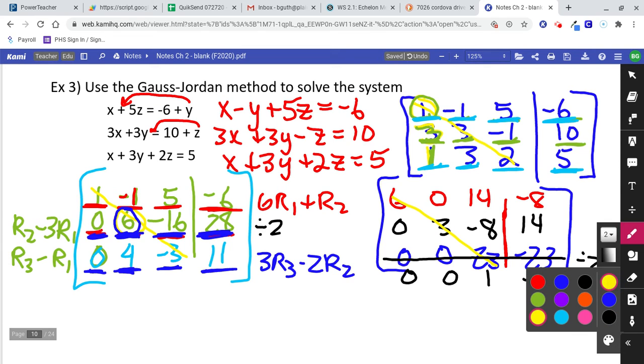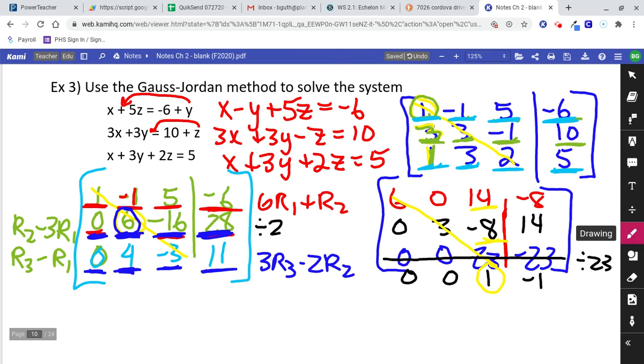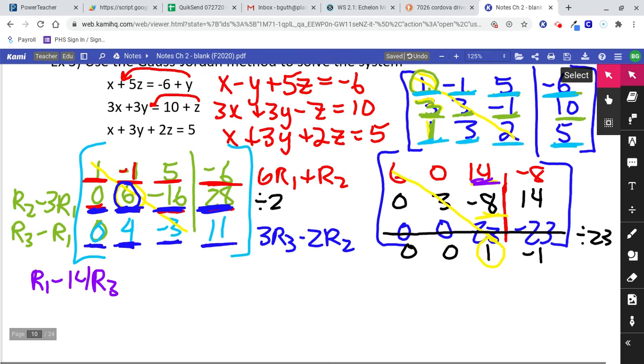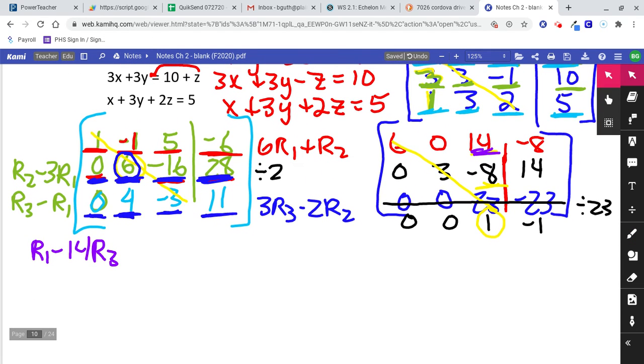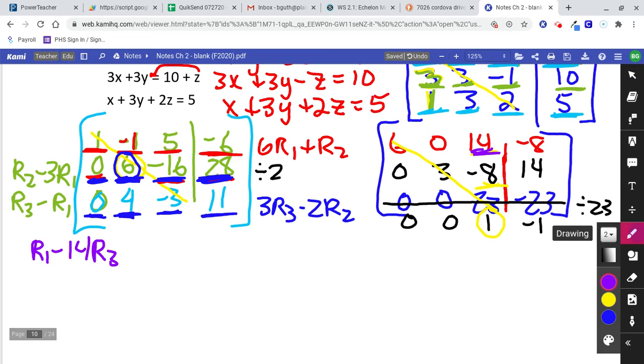So I have to use this 1 to zero out these two numbers. That's what I'm trying to do here. For the 14, let's just go row 1 minus 14 row 3s. That should do it. So let's use that rule right there.